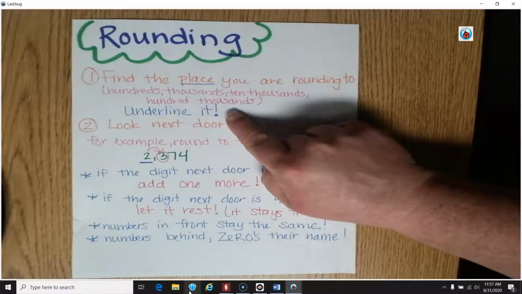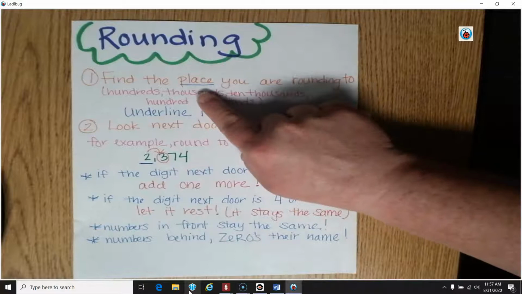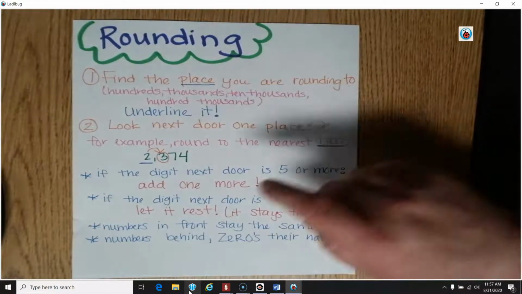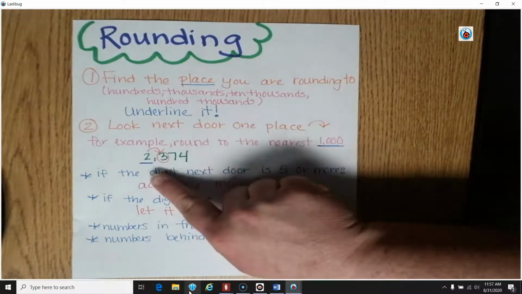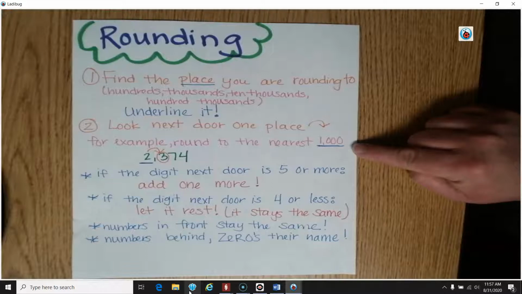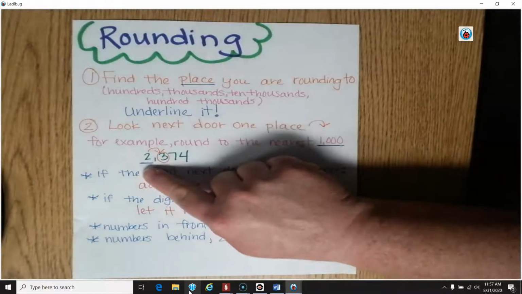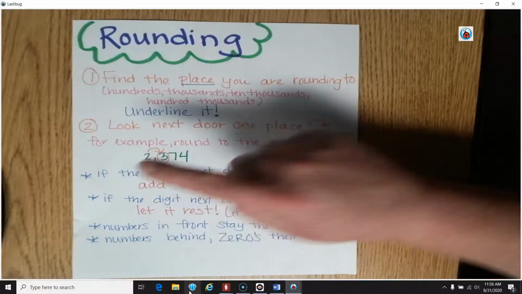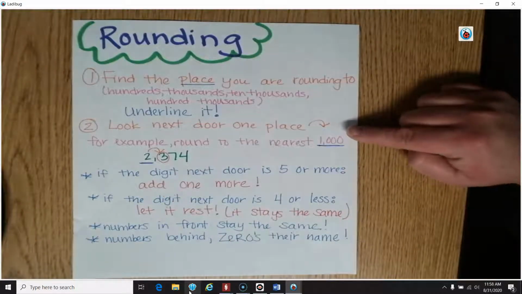So whatever number you're looking at, you're going to find the place you're rounding to and underline that place. So, for example, we're going to use this number, 2,374, rounded to the nearest 1,000. So you can see that I have underlined the thousands place. Now, the next thing you're going to do is look next door one place over.